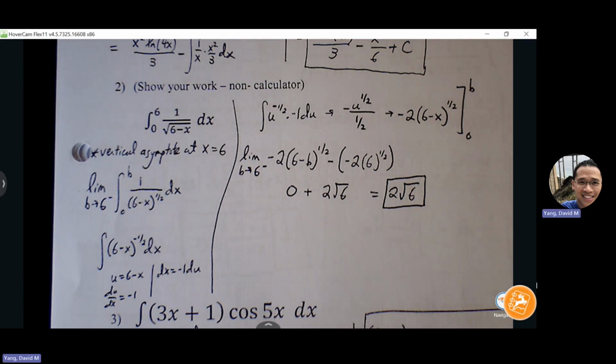But it's good to know both methods, right? The tab method can help save time for nested integration by parts, but we also need the original formula because we need it if natural log ends up being one of the terms in your problem.